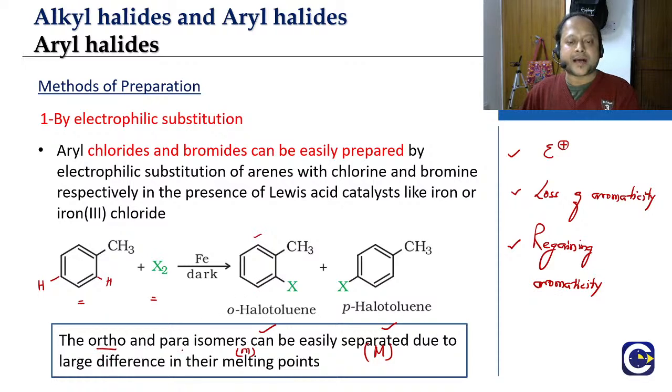Ortho and para isomers can be easily separated due to their large difference in melting point. The boiling points of these halobenzenes are not that different, but the melting points differ quite a lot. Why is this happening?